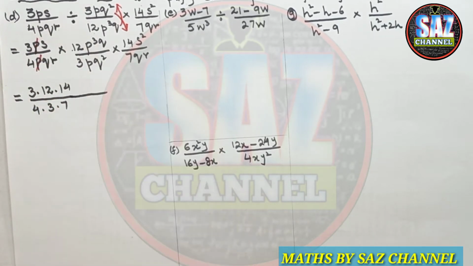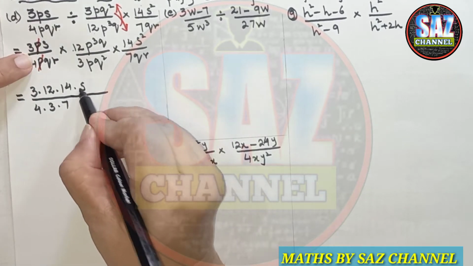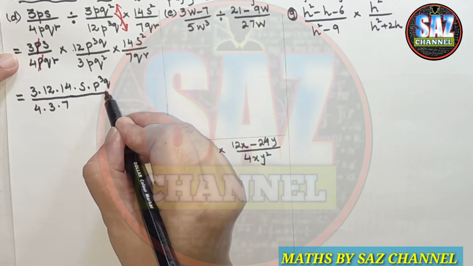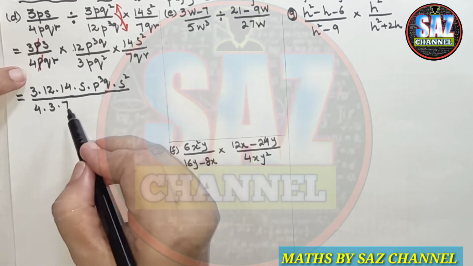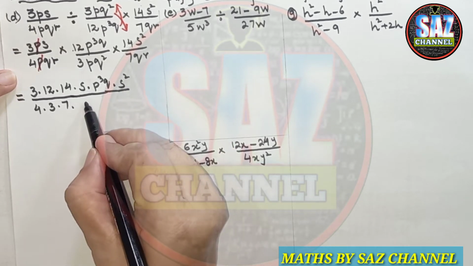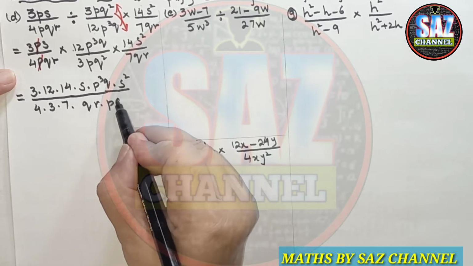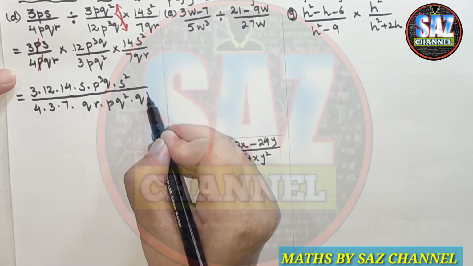I can simplify at this stage. Now I will be left with s multiplied by p cube q multiplied by s square. Moving to the denominator, I will be left with qr multiplied by p q square and multiplied by qr.